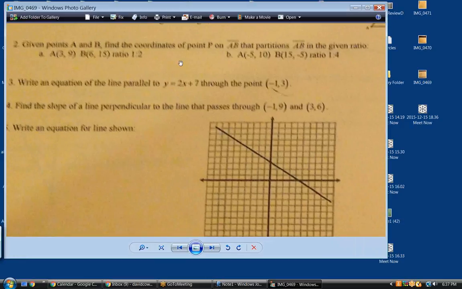Given points A and B, find the coordinates of P on that line in the given ratio. Okay.